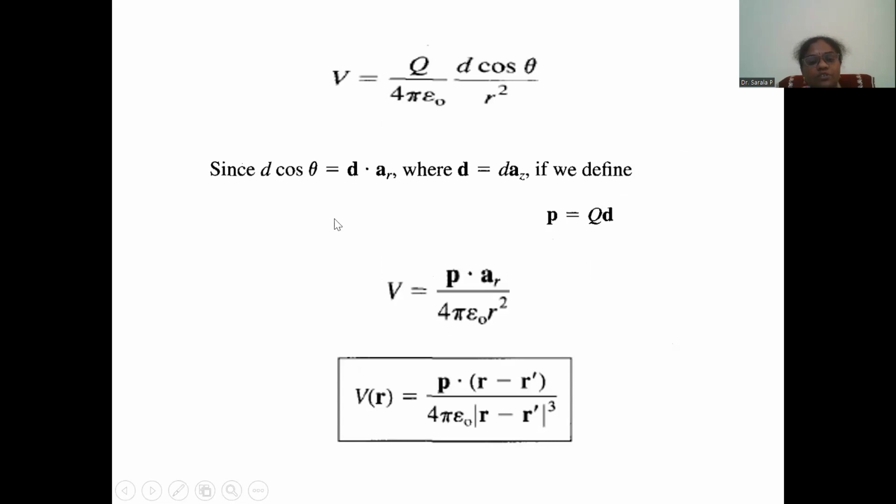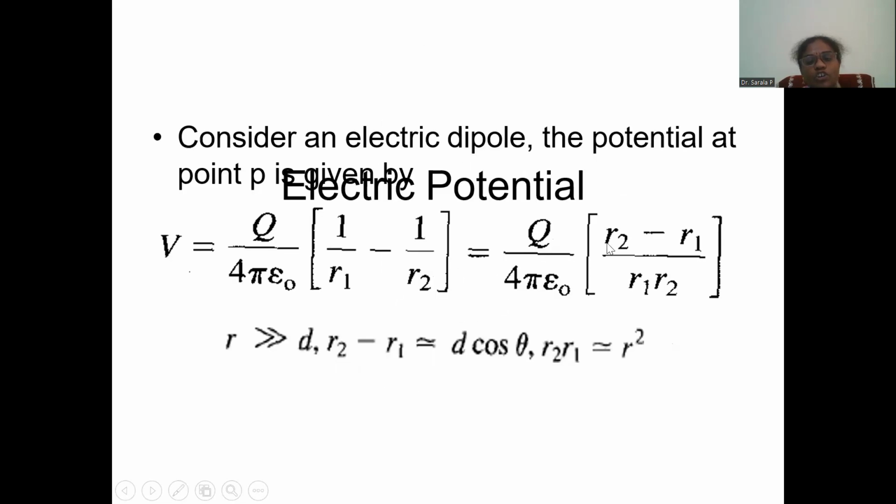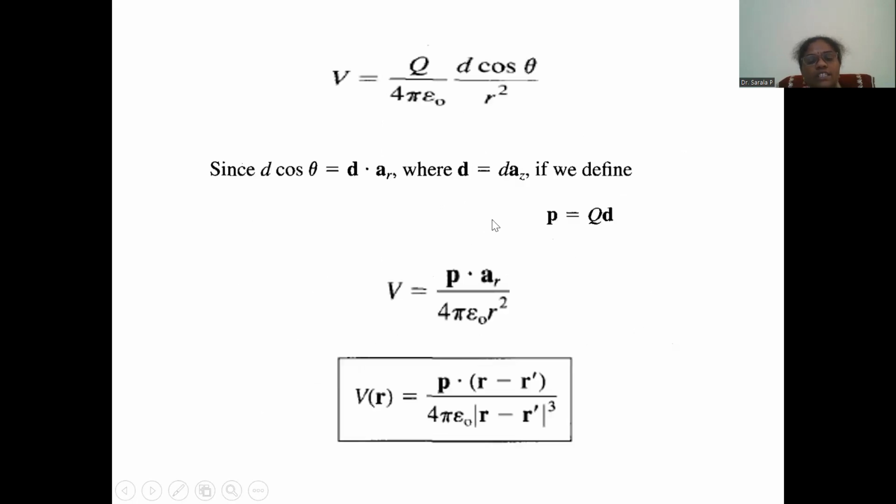Now if we substitute it, Q by 4 pi epsilon naught, R2 minus R1, what is that? d cos theta. And R1 R2? It is R square. Since d cos theta is nothing but d dot aR, where d is d aZ, if we define p equal to Qd, then we write d cos theta as d dot aR.